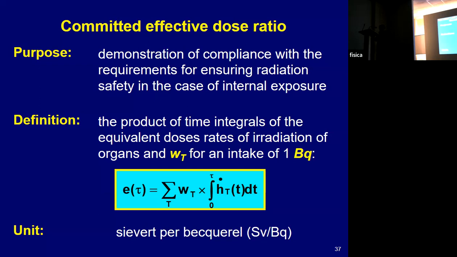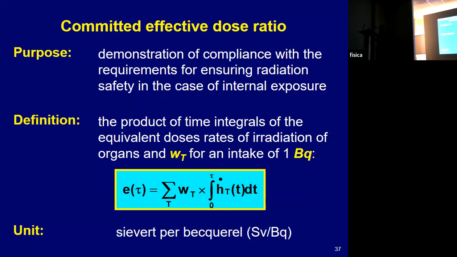The dose coefficient is equal to the expected effective dose of internal exposure due to the intake of 1 becquerel of radionuclide through inhalation or ingestion. The values of the dose coefficients are tabulated in the annexes to, for example, the Russian standard NRB-99/2009.